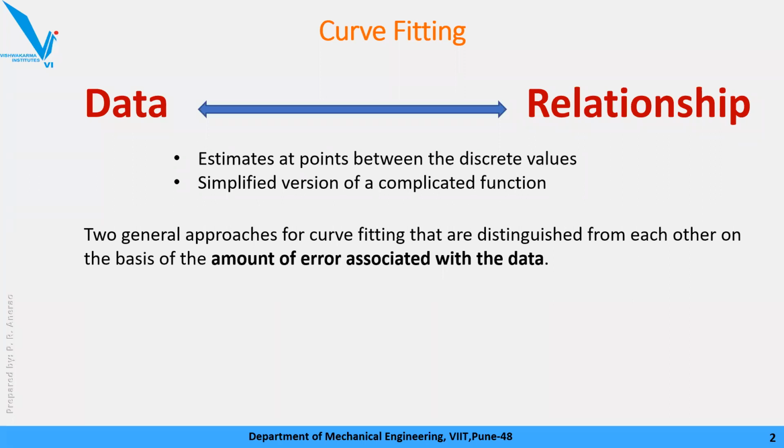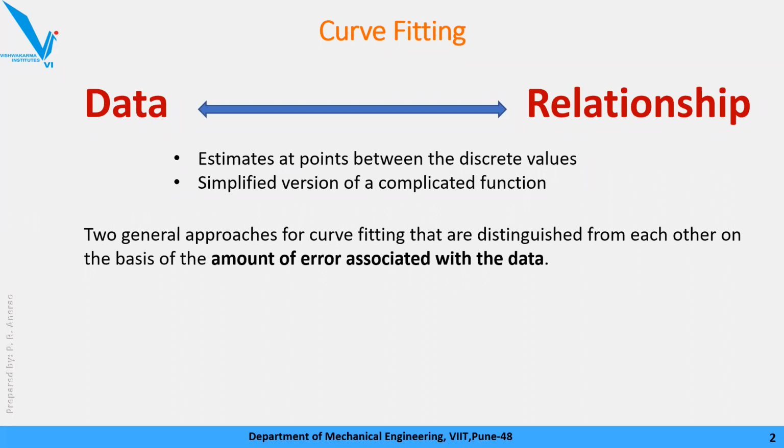If you recall, when you perform any experiment, you do some averaging. There are sometimes human errors, you don't look at the reading properly. So there is an inclusion of error in our data, and in certain cases our data might be too precise. So there are two possibilities: our data might have some kind of error, or our data is too precise.